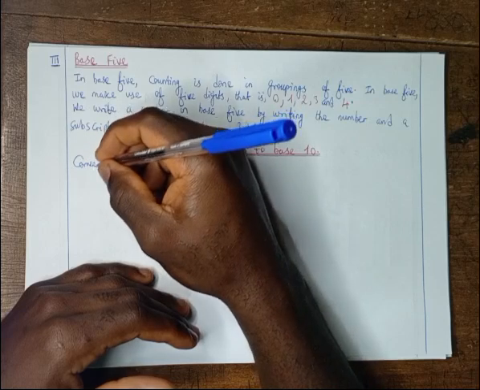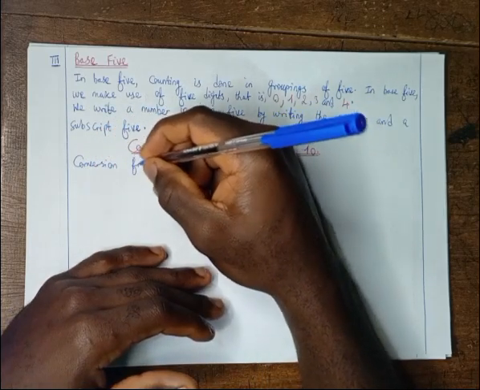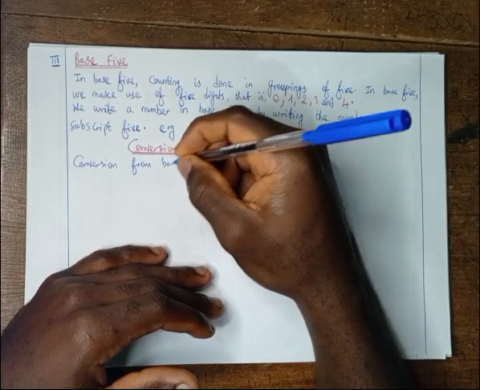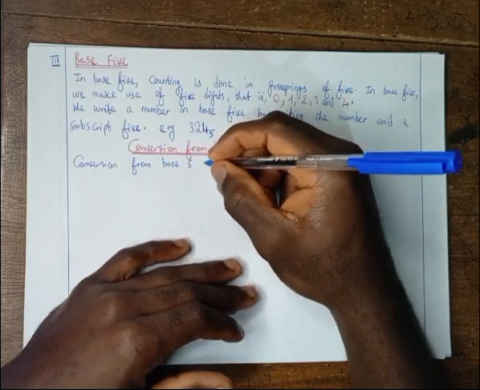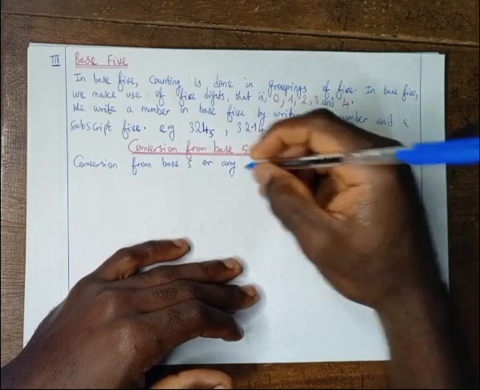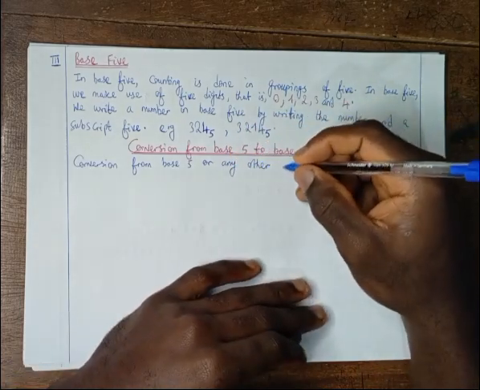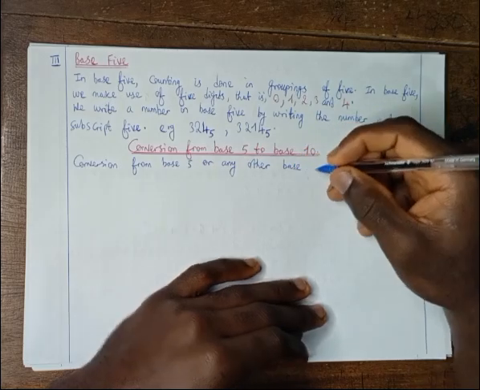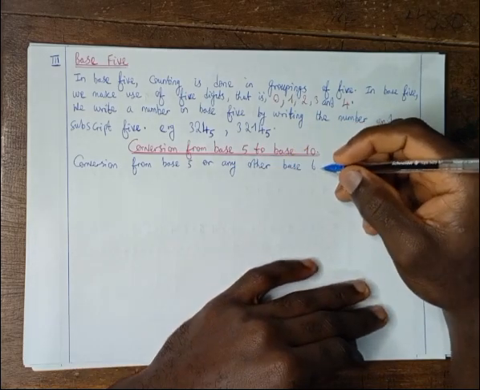Write this down: conversion from base 5 or any other base. When we talk of any other base, that means the base can be base 3 or base 4 or base 6.